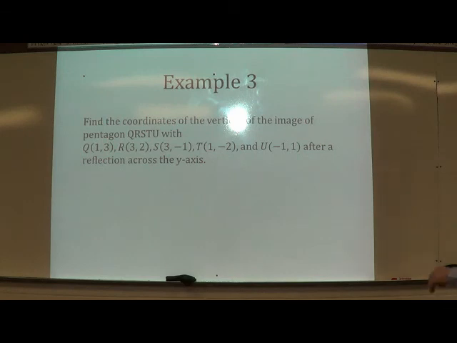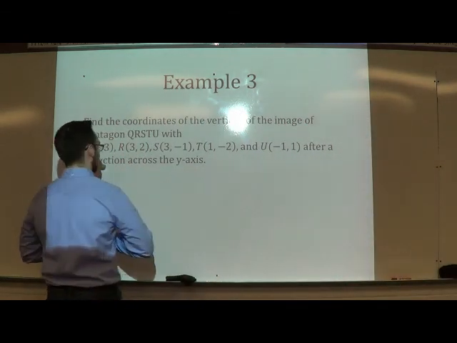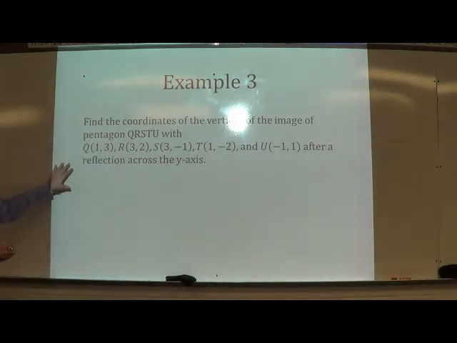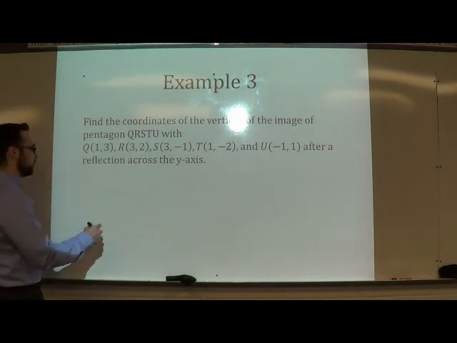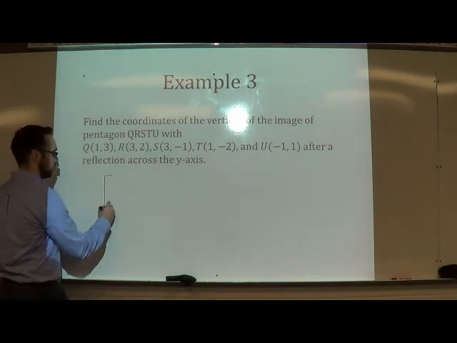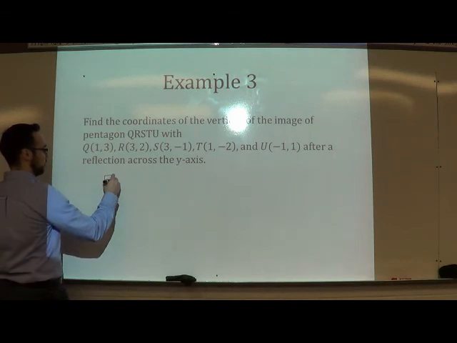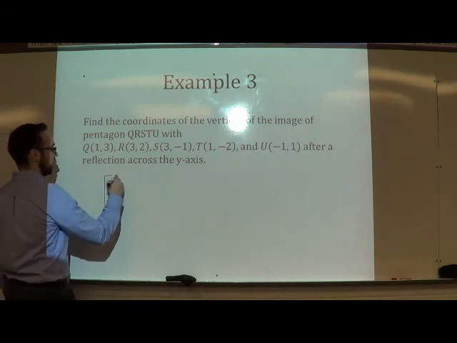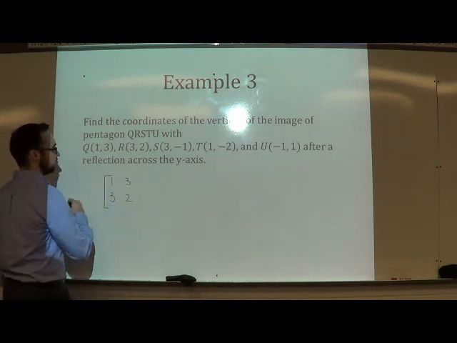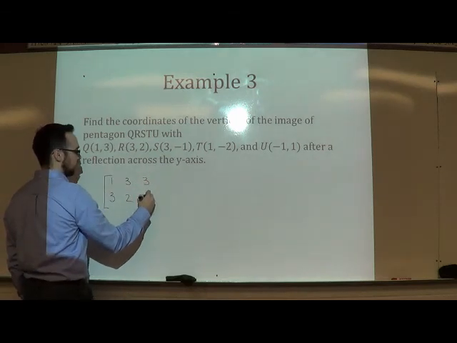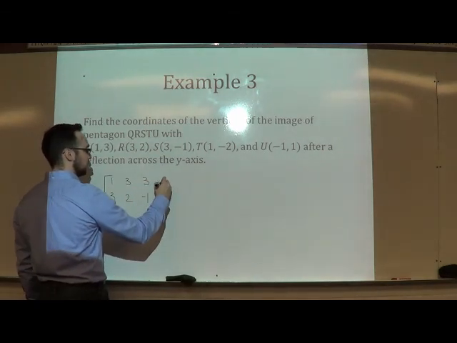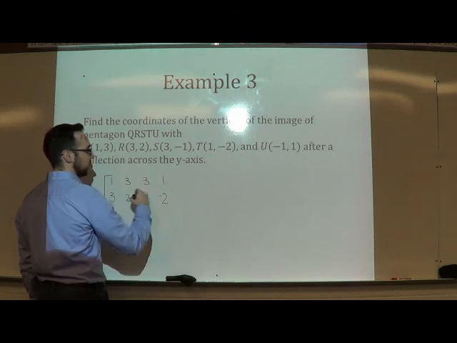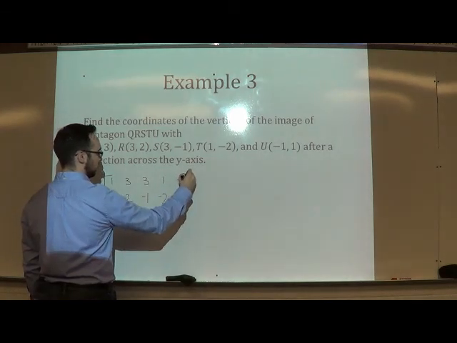Okay, so we have Q, R, S, T, and U, and we are going to reflect this across the y-axis. First, let's start by writing our vertex matrix. Q is 1, 3, R is 3, 2, S is 3, -1, T is 1, -2, and U is -1, 1.